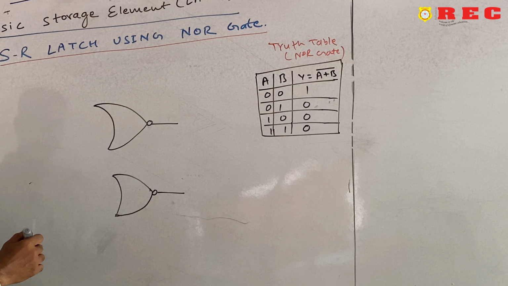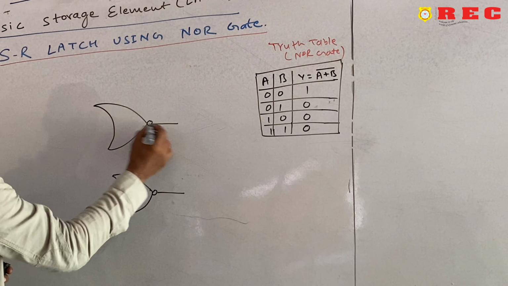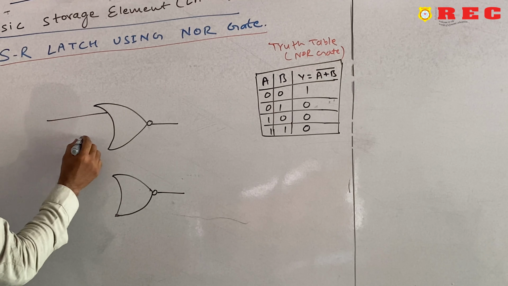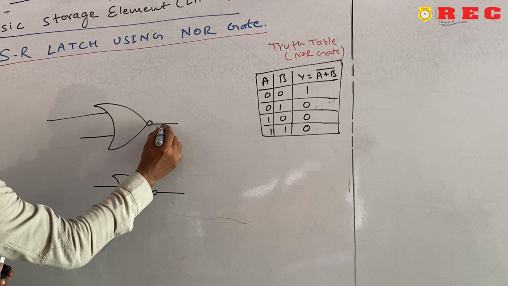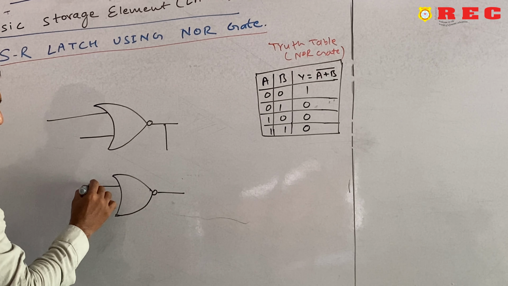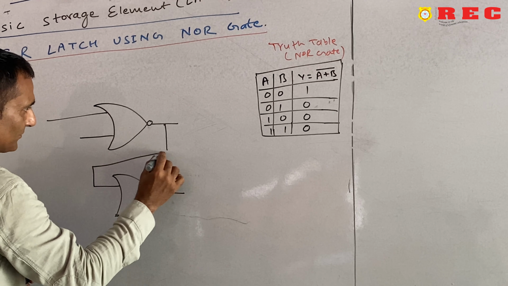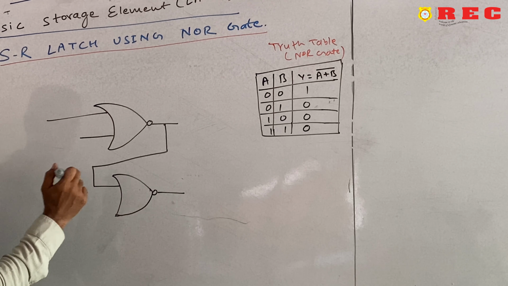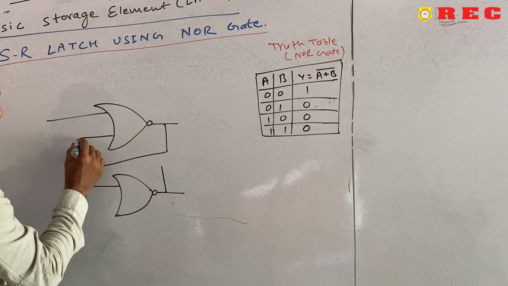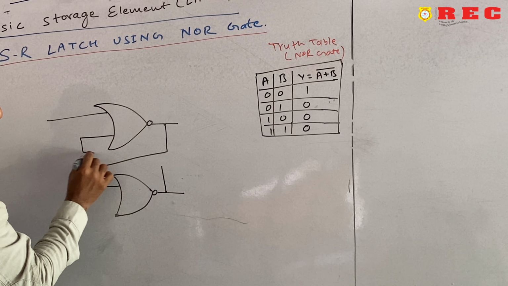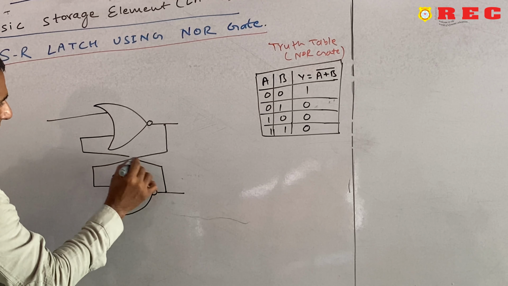And we are latching. Latching means the output of one gate is the input of another NOR gate, and the output of this NOR gate is the input of the other NOR gate.